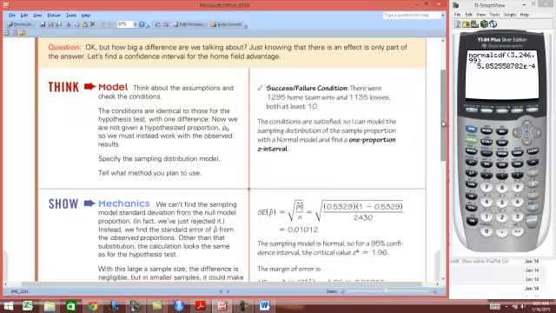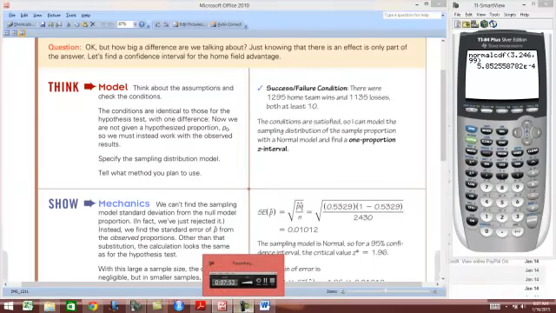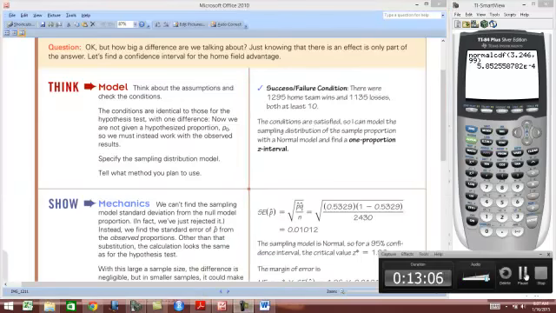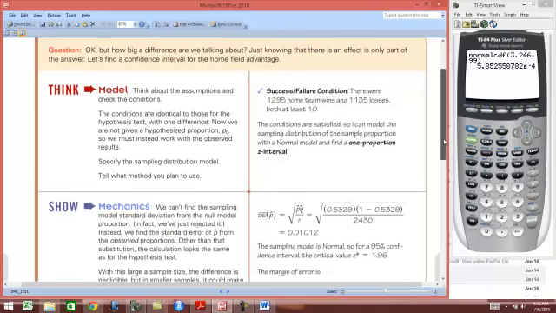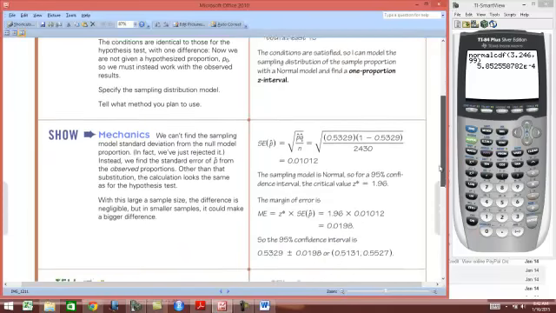Okay, now you have rejected the null hypothesis. Now you'll do a confidence interval. This is pretty straightforward. You know how to make a confidence interval, and we're just going to make a confidence interval based on p hat.